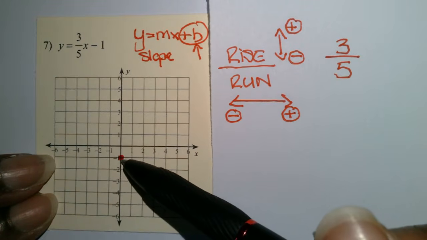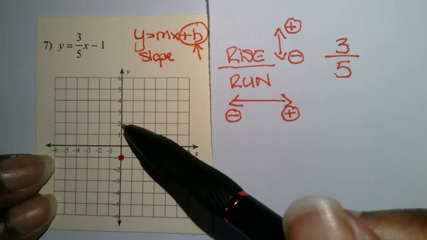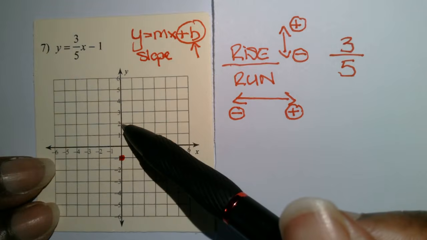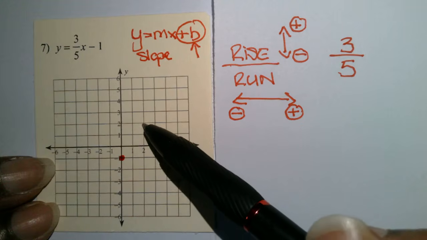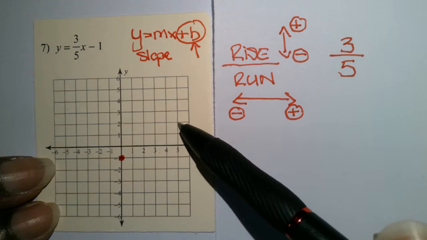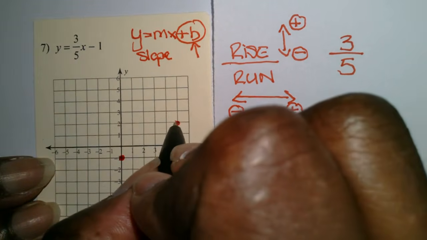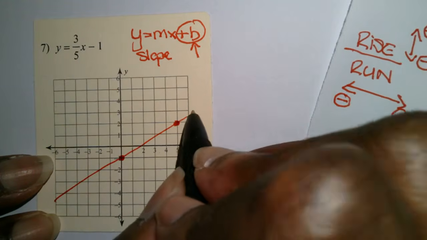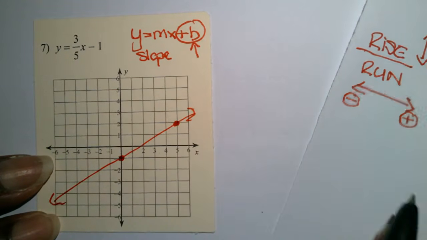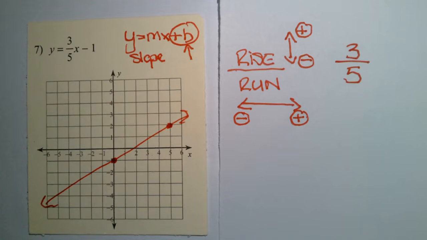No, no, no. Full step. 1, 2, 3. And then, since it's a +5, I'm going to the right 5. 1, 2, 3, 4, 5. And I'm going to put my point. Ladies and gentlemen, that's how you graph a line. You just need 2 things, and you draw the line to connect them.